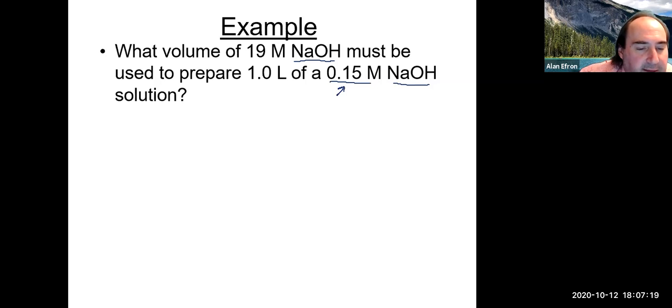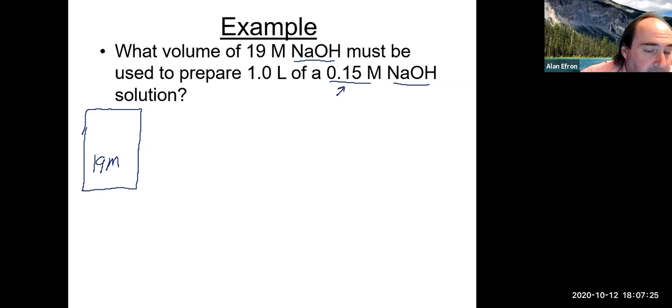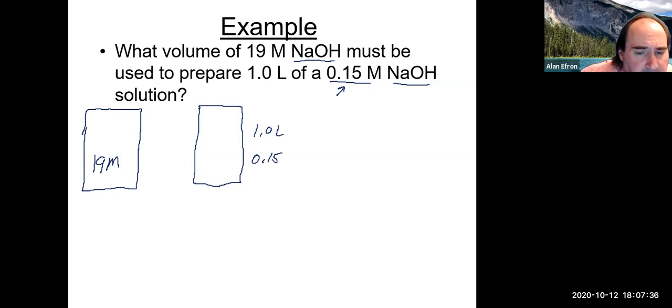So you can think of it as you've got a bottle of 19 molar sitting over here, and you basically want to make a new solution that has a total volume of 1 liter and a new molarity of 0.15 molar.